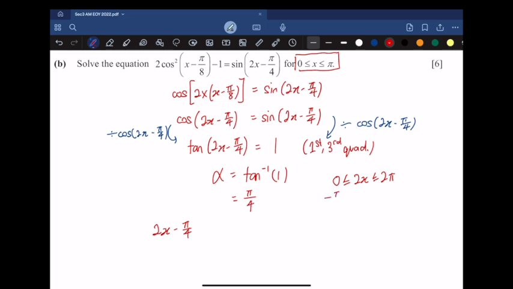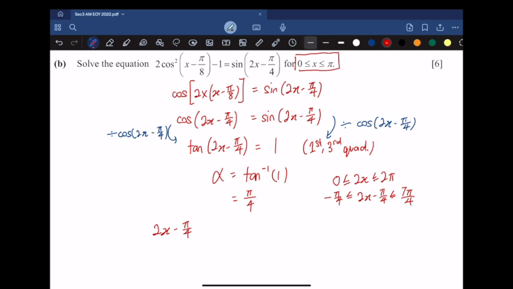Therefore, negative pi over 4 is less than 2x minus pi over 4, which is less than 2 pi minus pi over 4, which will give me 7 pi over 4. Now that I've updated my range, it is much easier for me to find out how to calculate this.